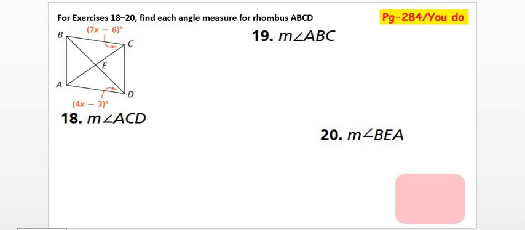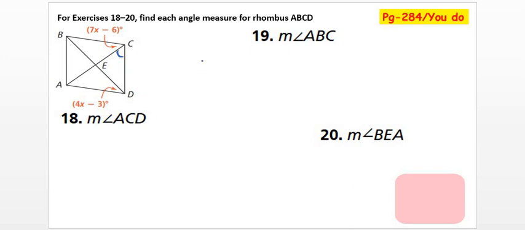Now let's solve some questions from the lesson. It says from question number 18 to 20, find each angle measure for the rhombus ABCD. So this ABCD is actually a rhombus, and here in question number 18 they want us to find the value of angle ACD. Where is angle ACD? Angle ACD is actually this angle, right?